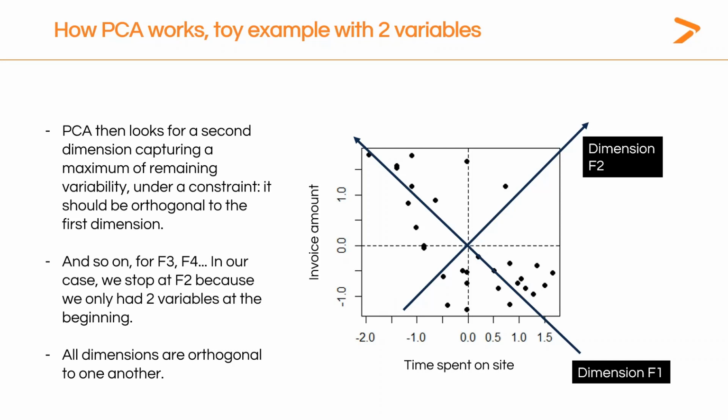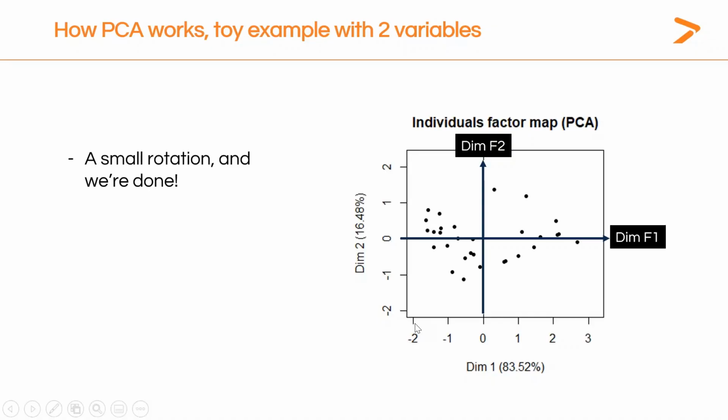If we had three variables, we would have had three dimensions, and if we had had four variables, we'd have 4 dimensions. But now we stop here because we only had two variables at the beginning. We only have a 2-dimension PCA. And all the dimensions of a PCA are orthogonal or perpendicular to one another. So from this, you just do a rotation of these arrows and you get your PCA chart.